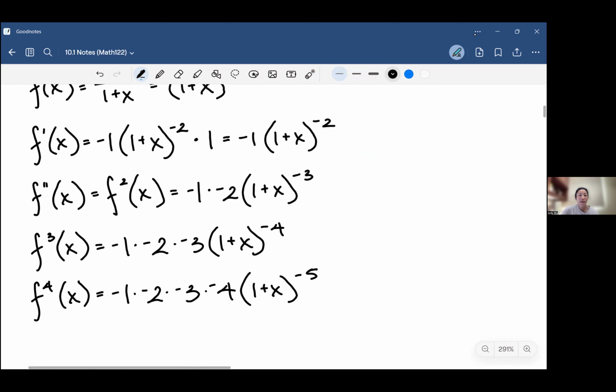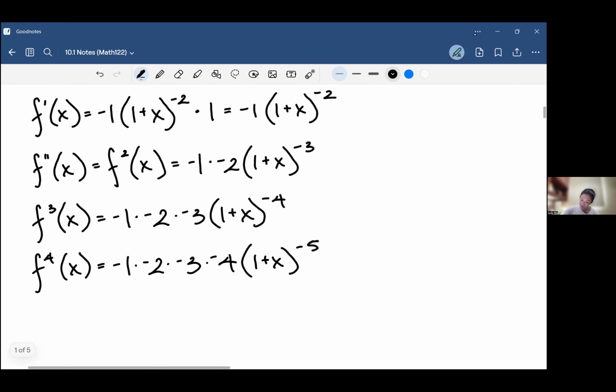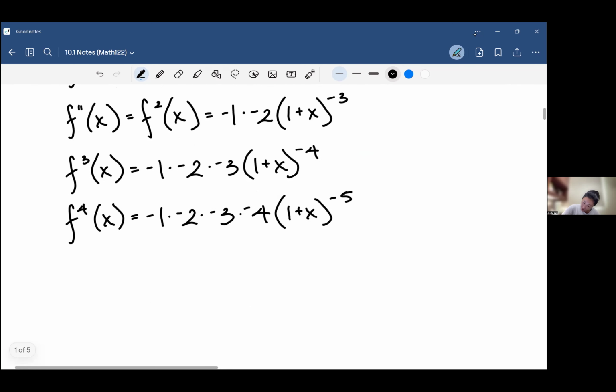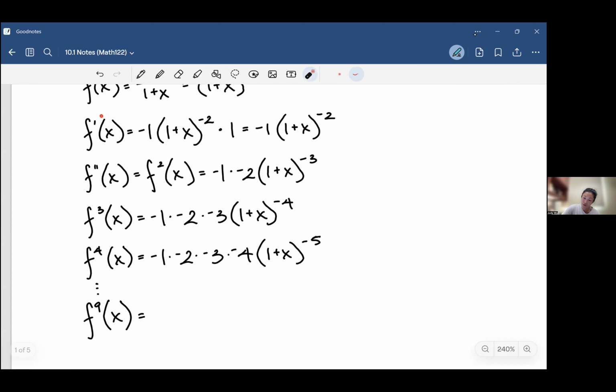All right. So I want to pause for a moment. Now let's imagine that I asked you to find f9. I bet we could write out what we think it's going to be. Okay. So without actually doing it, let's see if we can find f9. In other words, the ninth derivative. Now, one thing we might have noticed is for the first derivative, I just had a -1. But for the second derivative, I had -1 times -2.